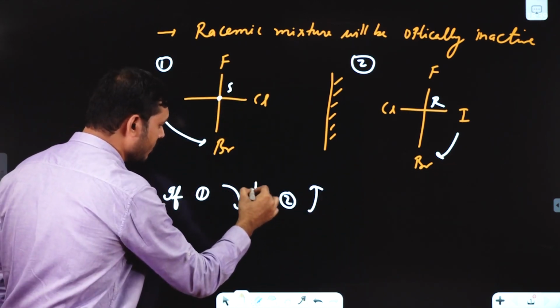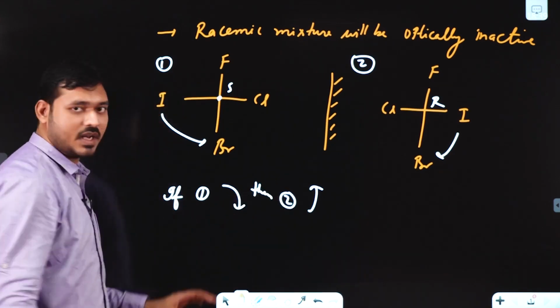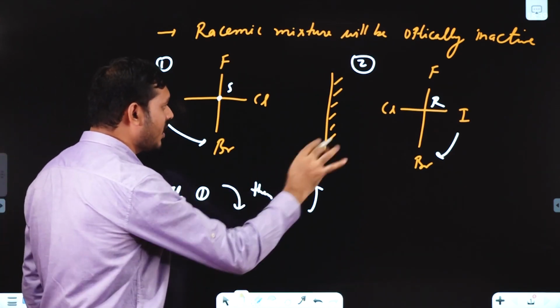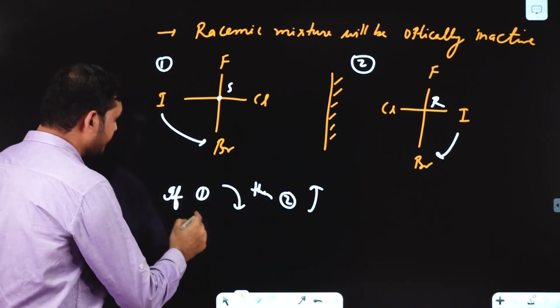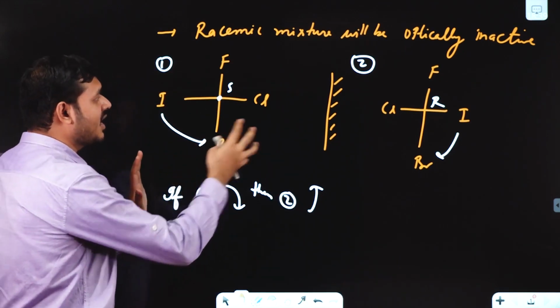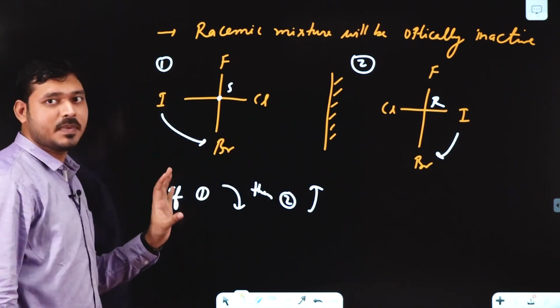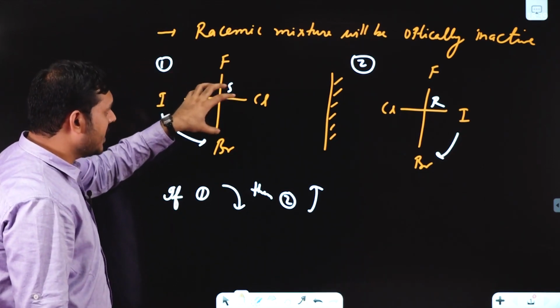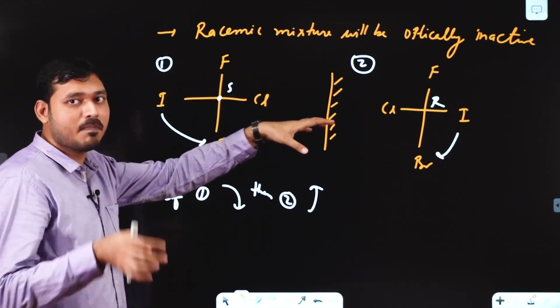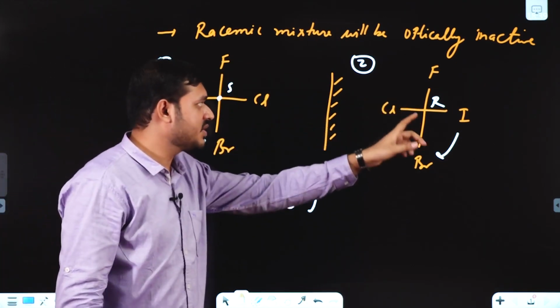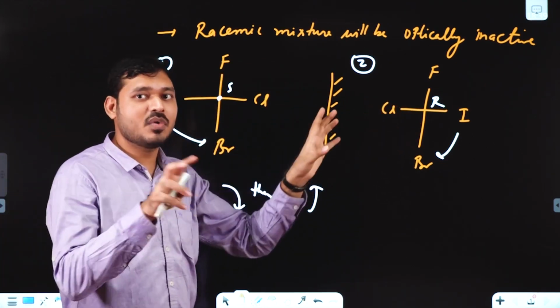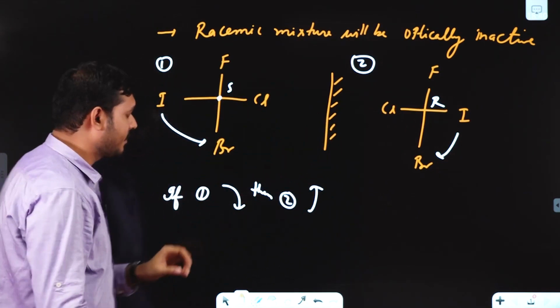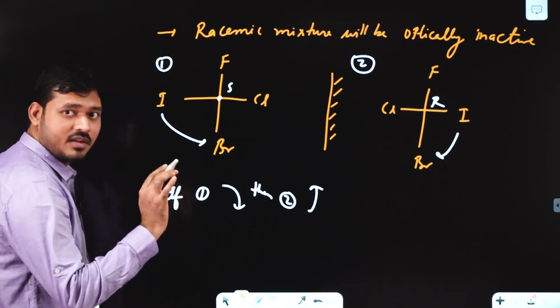Rotation of PPL, clear, and equal magnitude. So due to external compensation, means the amount of rotation caused by compound 1 is compensated or balanced by the amount of rotation caused by the second, in equal but opposite direction. Okay, clear?